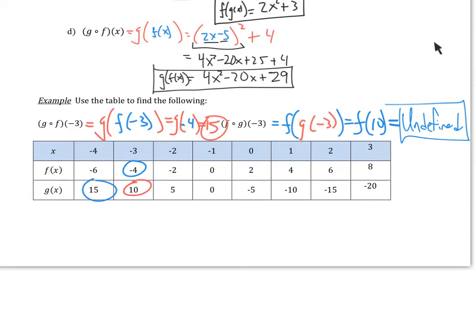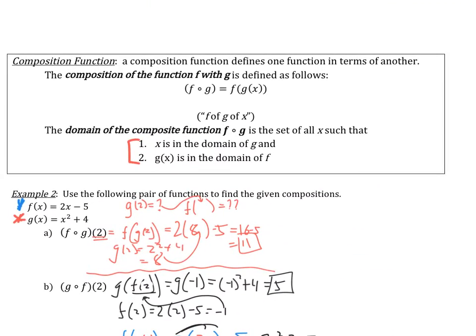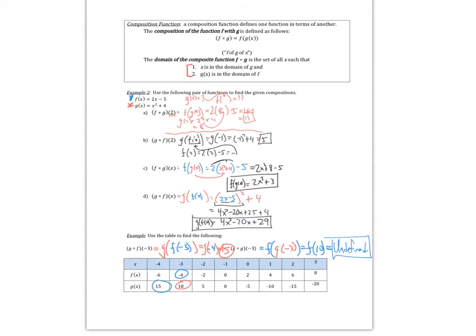And that's what we saw in the definition up above here, where we said that x is in the domain of g and g of x is in the domain of f, because what comes out of g has to be able to be evaluated in f. Otherwise, it doesn't work. And that's what happens down here. What came out of g of negative 3 was not a legal input in f because we don't know what it is. All right, that's a composition.